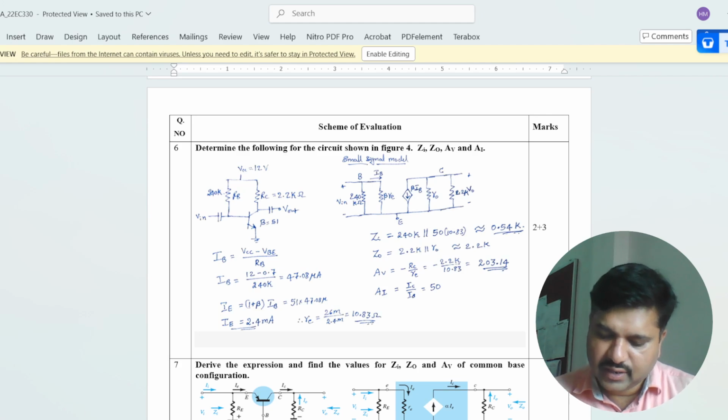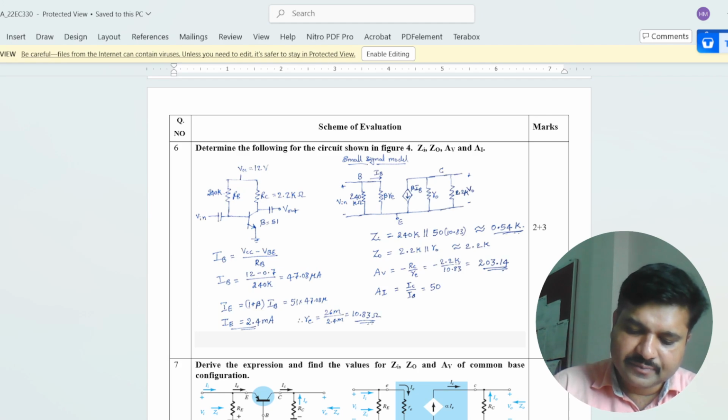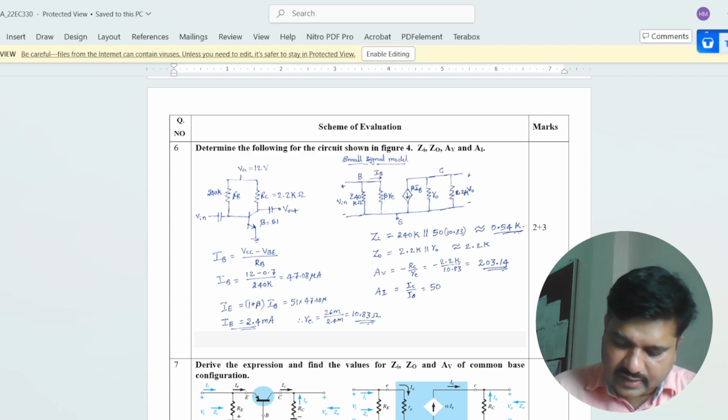Okay, and to find out VCEQ, we will apply KVL to the output loop. I will write the equivalent circuit of the same. This is RC, this is VCC, and this is VCE.